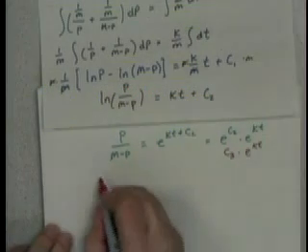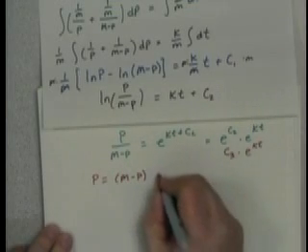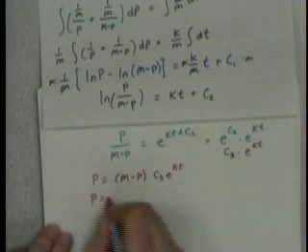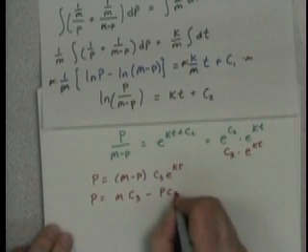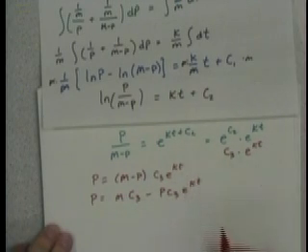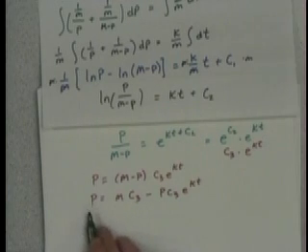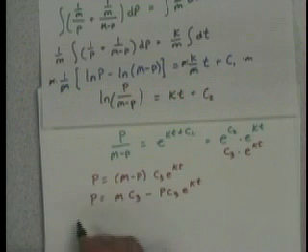Going to multiply by m minus p. So p equals m minus p times c3 e to the kt. So m c3 minus p c3 e to the kt. And I'm going to add this p c3 e to the kt to this side.